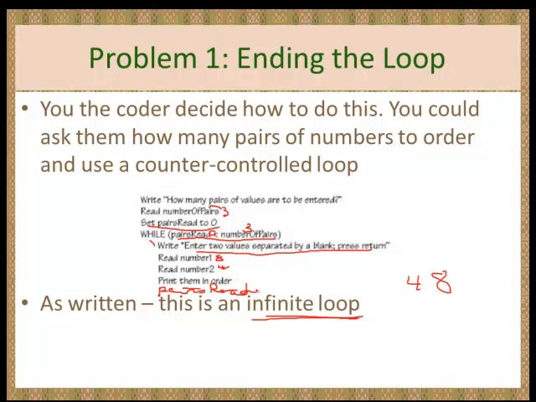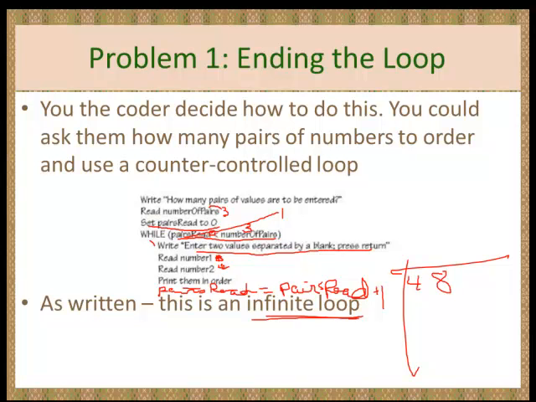Pairs read is equal to pairs read, whatever's in pairs read so far, which right now is 0, plus 1. As I have written it, I've removed this infinite loop, and pairs read will now be 1. This changes it to 1 here. Is 1 less than 3? Sure. Well then, the output, enter two numbers.